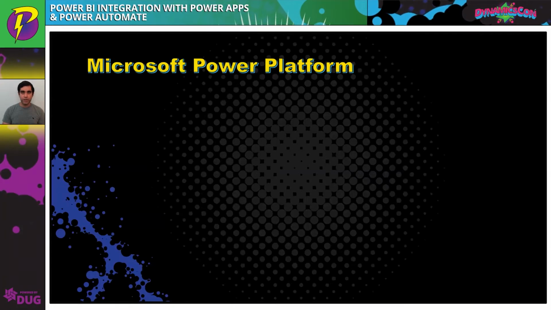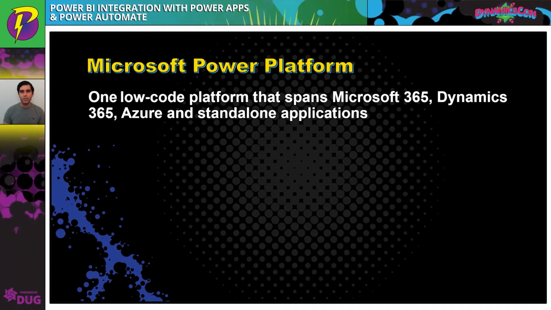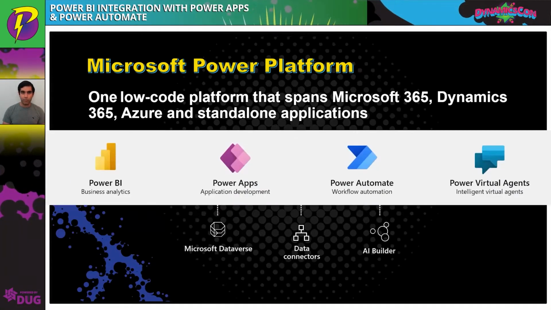First, let's try and understand the entire spectrum of the Microsoft Power Platform. The Power Platform is the one low-code platform that spans across the entire suite of Microsoft 365, Dynamics 365, Azure, and beyond. And as part of this platform, we have four major pillars. Power BI, which allows us to analyze our data, visualize, build dashboards on our data, run analytics.